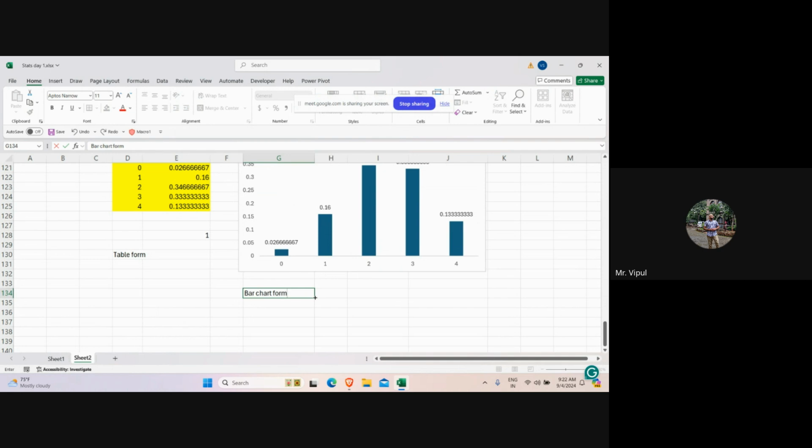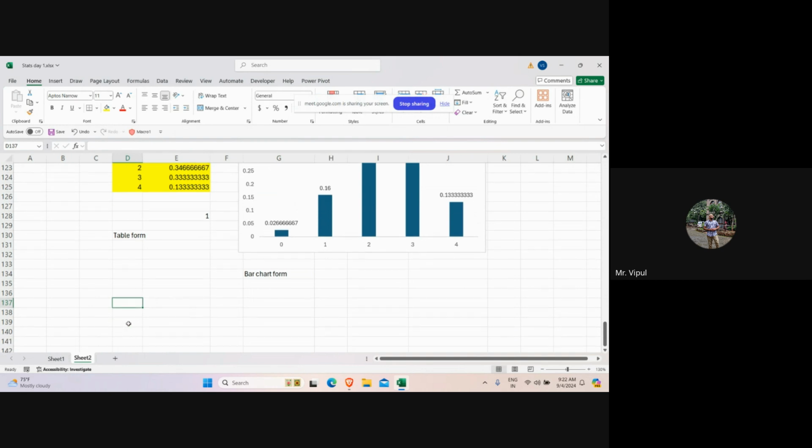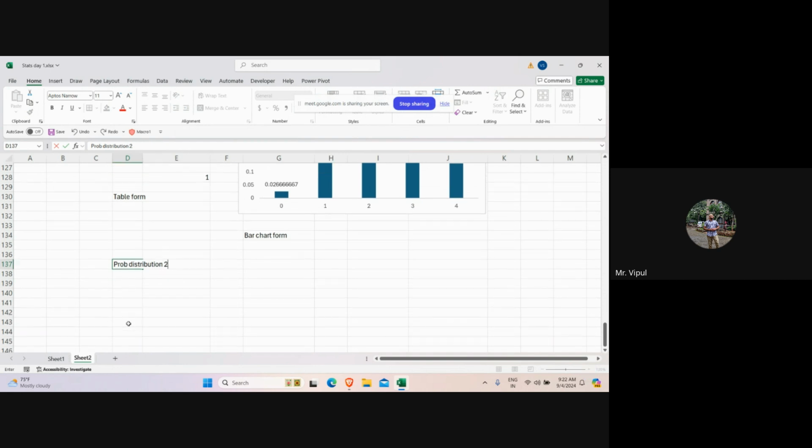Now you can play around with this data to make your understanding better for frequency distribution. Now see this. We have probability distribution 2 now. So probability distribution is any form of representation that tells us the probability of all possible values of x.